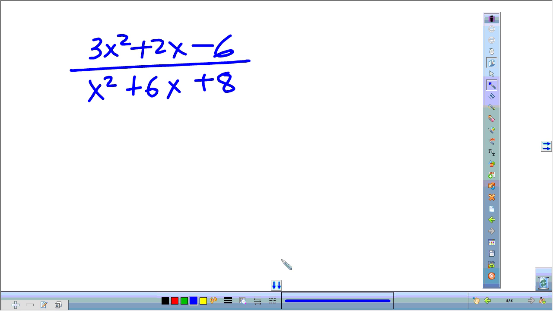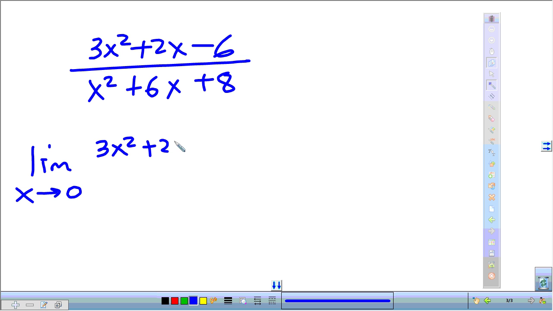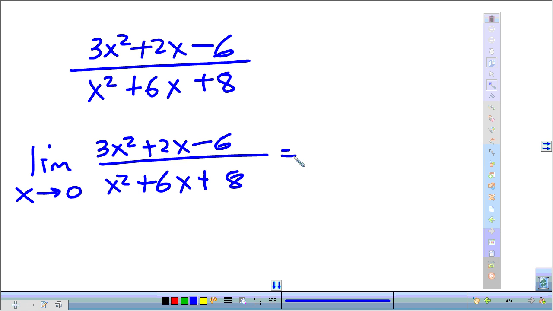So if we look at limits for such a rational expression, we could attempt to look at this in a continuous fashion.